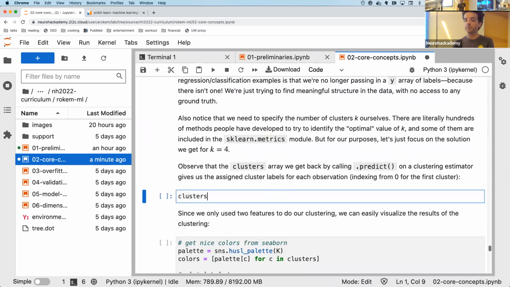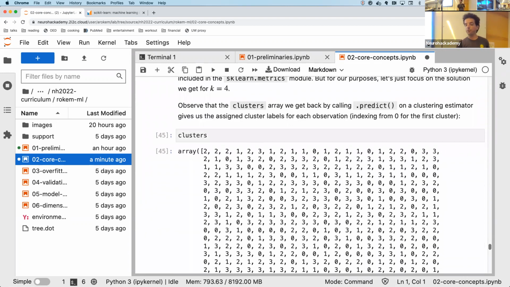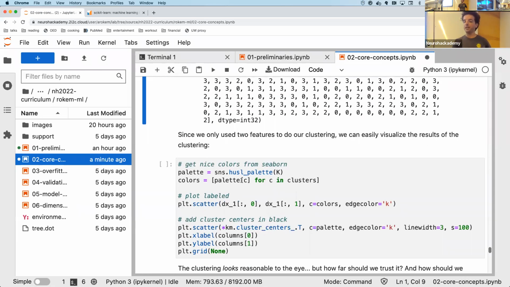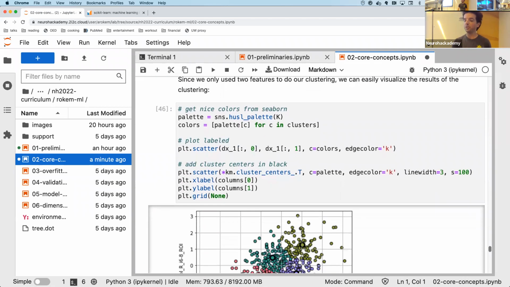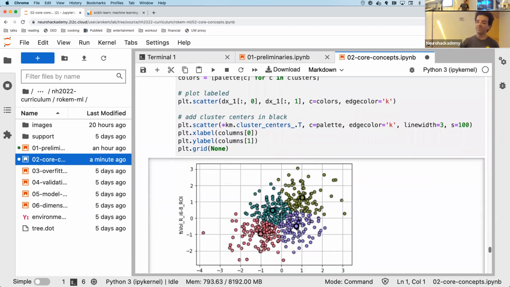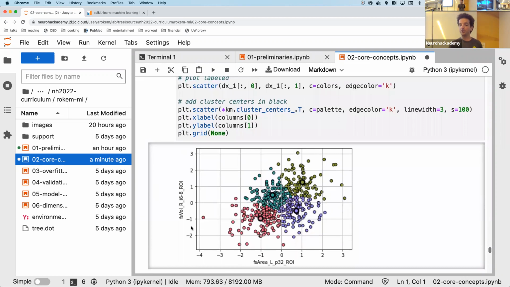And lo, it gives you 4 clusters. That's by design, because that's what you asked it for. Every individual here gets some assignment. Without going into too much detail of the plotting code, here are the 2 features, we had only 2 features. Each person here is colored in a color that designates their cluster.